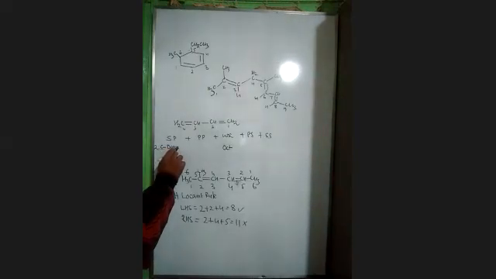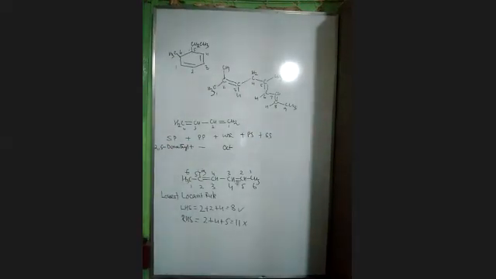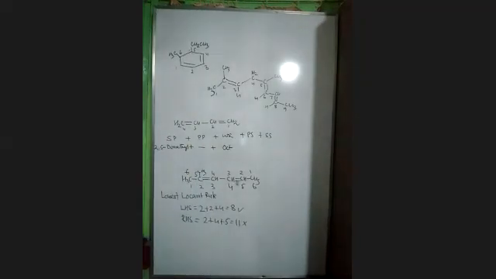Di methyl. Then after that, what did you write? Tell. Nona-2,5,7-triene.